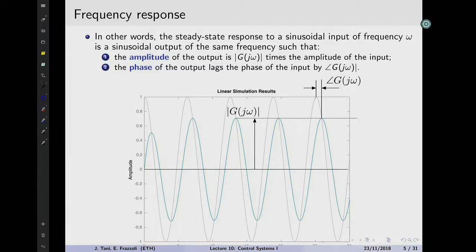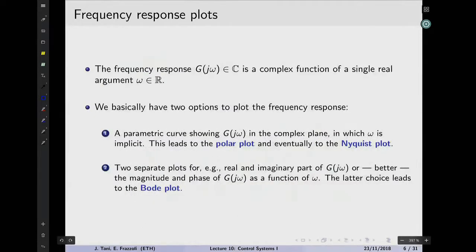So the question becomes, how do we describe and how do we get these parameters of the frequency response, that is, the magnitude and phase of the transfer function evaluated at a bunch of different frequencies? Well, we can represent them in different ways. The transfer function at the end of the day is nothing but, at least for SISO systems, one complex number.